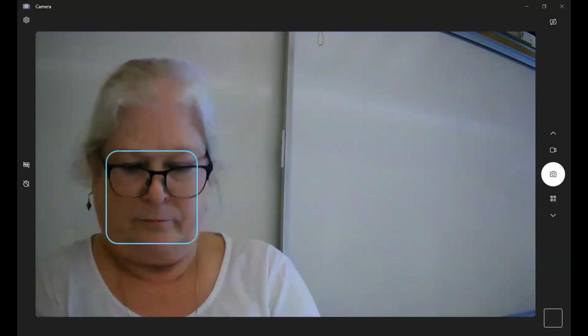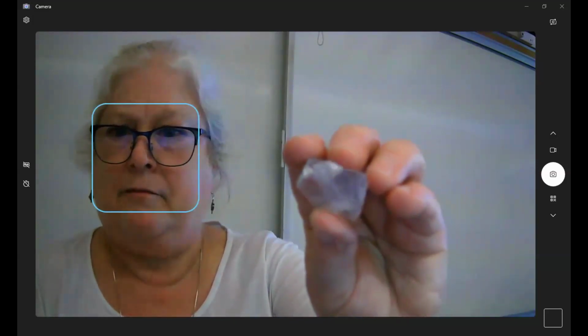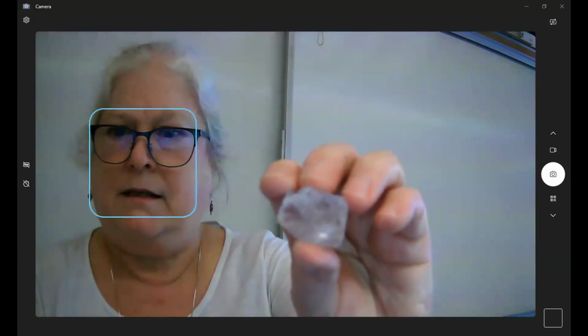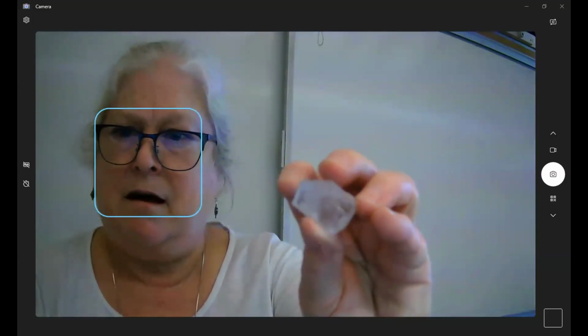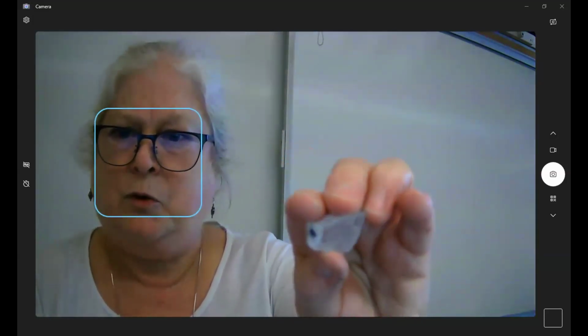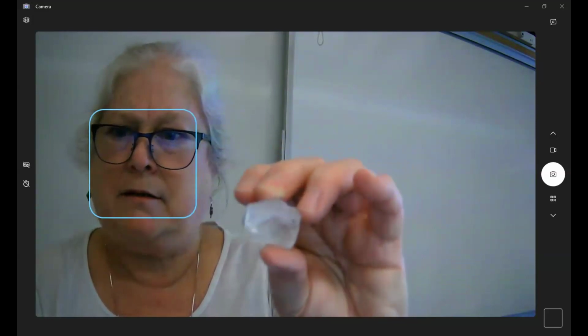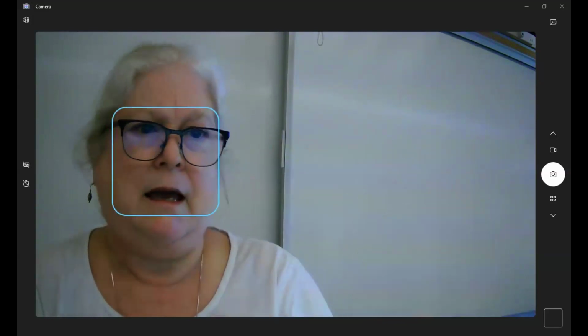Luster. Does it have light blinking? It does indeed, but it's not super, super bright.